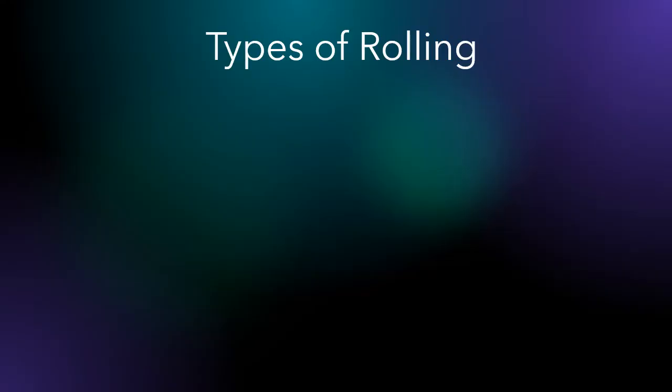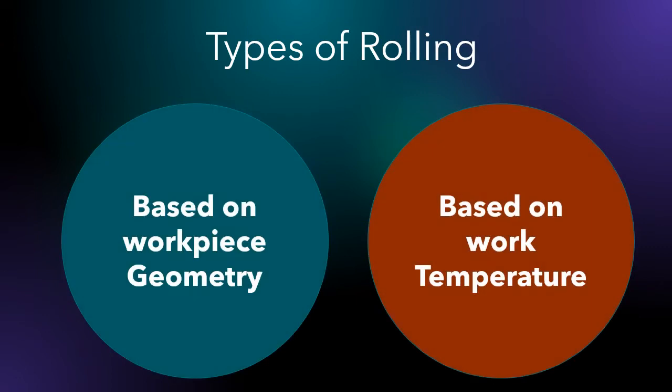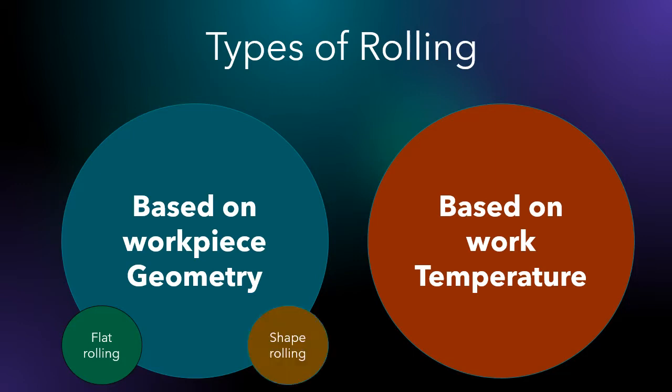Rolling can be classified based on the geometry or based on the temperature. Based on the work geometry, it can be classified into flat rolling, which is used to reduce the thickness of a rectangular cross-section, or a square cross-section is formed into a shape such as an I-beam in what we call shape rolling.